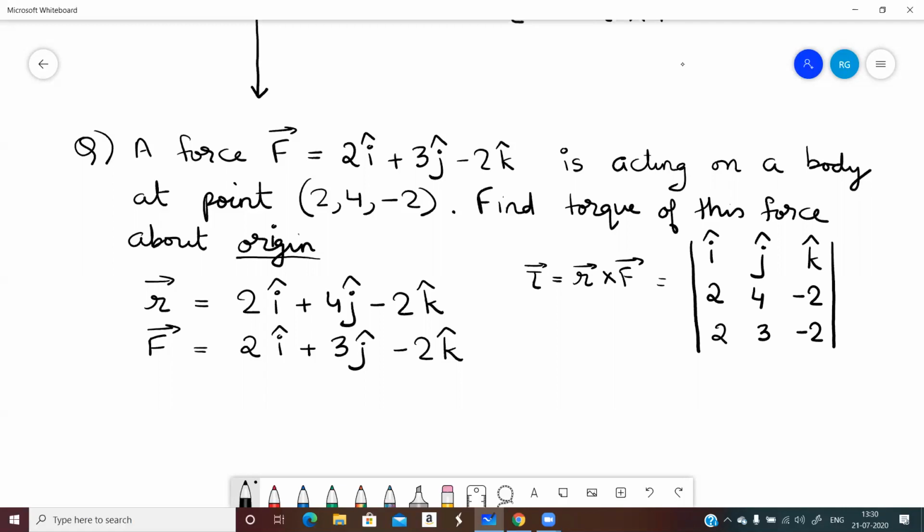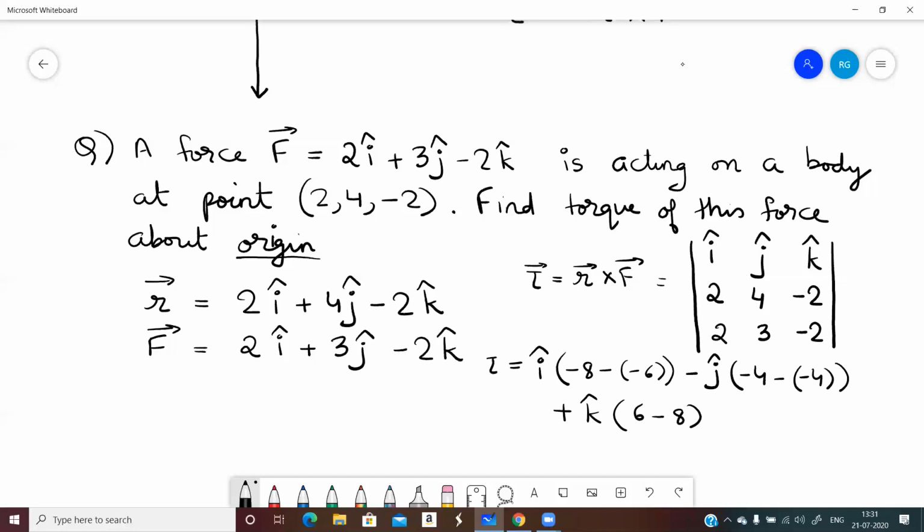Now with i cap, very simple mathematical thing. 4 into minus 2 is minus 8, minus 3 into minus 2 is minus 6. Then minus j cap: 2 into minus 2 is minus 4, minus again 2 into minus 2 is minus 4. Then plus k cap: 2 into 3 is 6, minus 2 into 4 is 8.